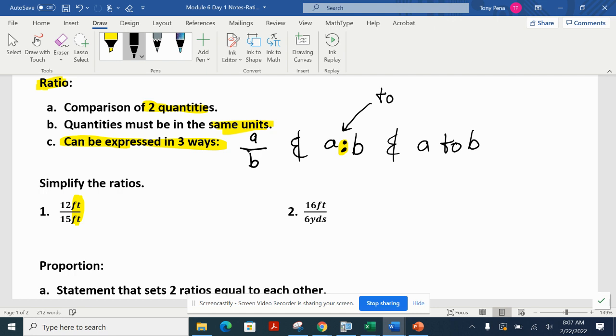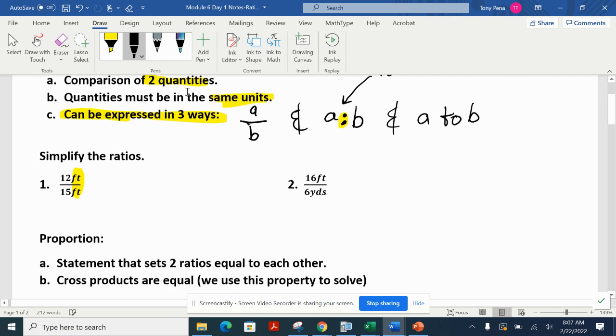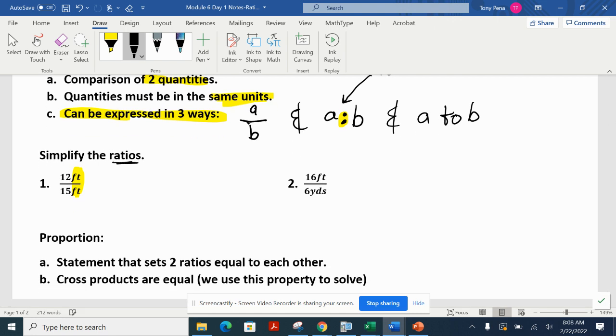All right. The most common way that we're going to deal with it, not all the time, but most common, is definitely with a fraction. So if I ask you to simplify these two ratios, as long as they have the same units, it's really just us reducing a fraction. All right. So if we went ahead and did this here, looking at 12 and 15, you're just going to identify your greatest common factor.